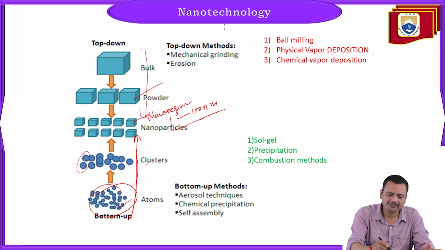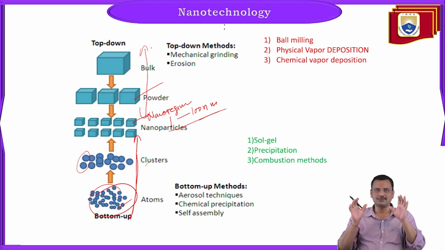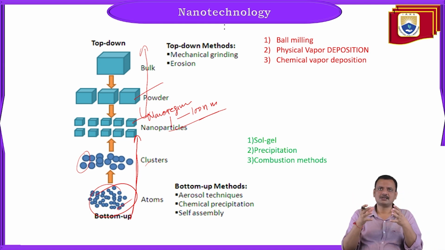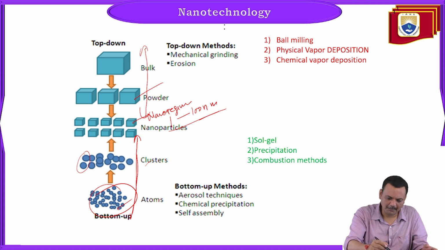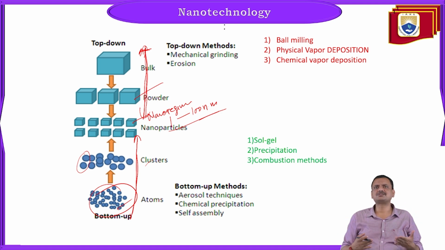If your initial material is in bulk form and you are approaching from this bulk region to the nano region, then this approach is the top down approach. These are the possible mechanisms for getting nanomaterial by the top down approach.